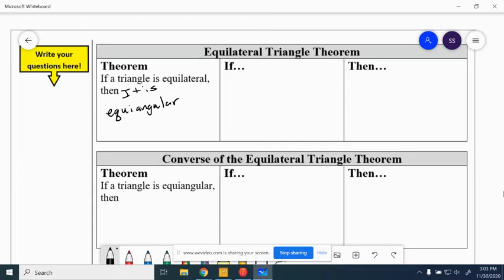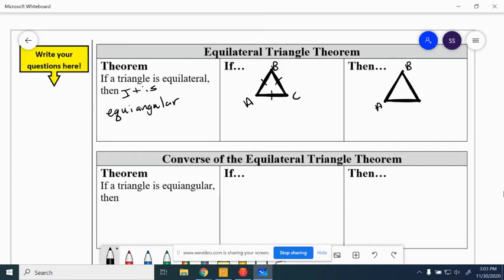Okay, so basically what that's saying is that if we have a triangle here, A, B, C, and we know that all the sides are congruent, then we also know that the angles are congruent.